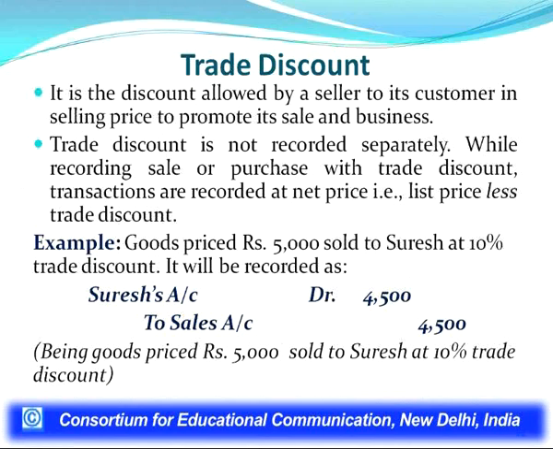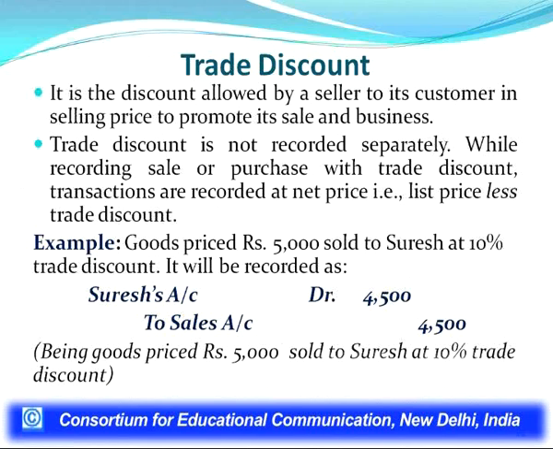For example, goods priced rupees 5,000 sold to Suresh at 10% trade discount. So, the price of the goods is 5,000 while the discount is 10%. At the rate of 10% on 5,000, the discount is 500. So, the net sale price is 4,500 only. When we record this transaction, we record Suresh account debit to sales account 4,500.